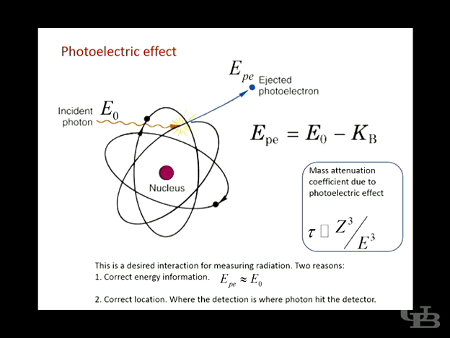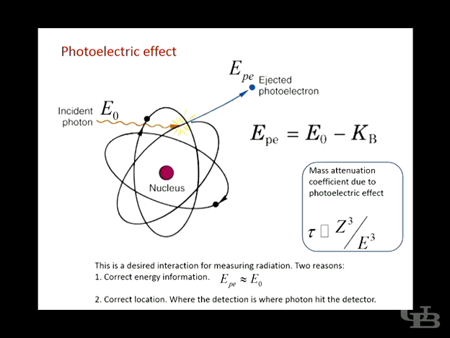Typically, the binding energy is much less than the photon energy. So the energy of this ejected electron is fairly close to the photon energy.